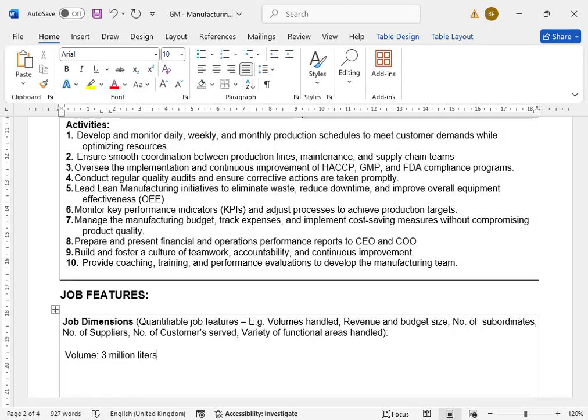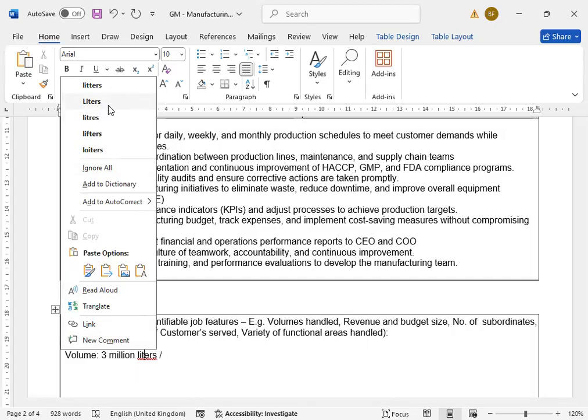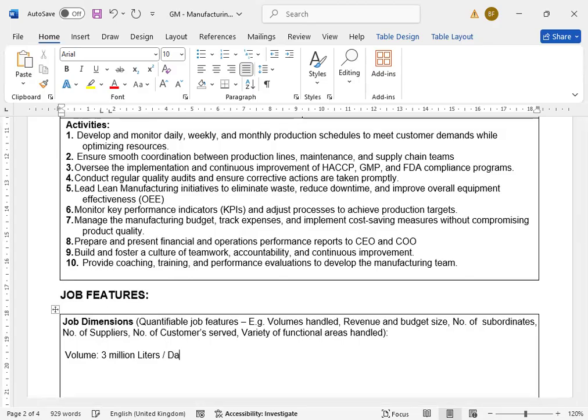What is UHT? Ultra high temperature milk. So let's say it is producing that in liters. Liters, okay, I'll make it capital. 3 million liters per day of operation. Oh, that's huge volume, right? This is for beverage.